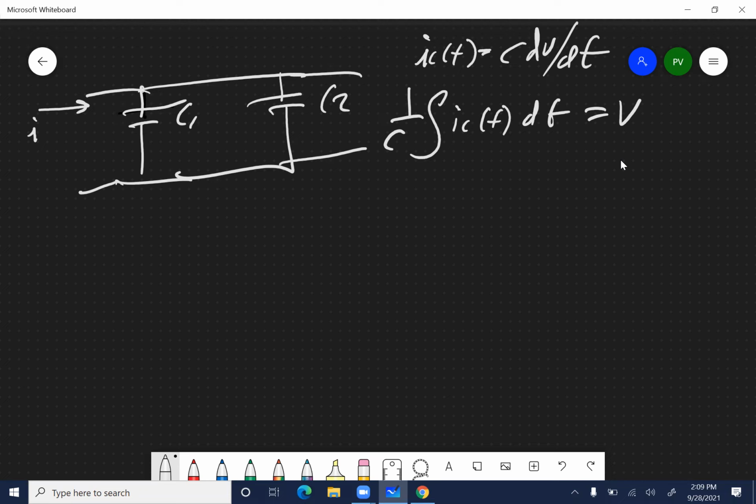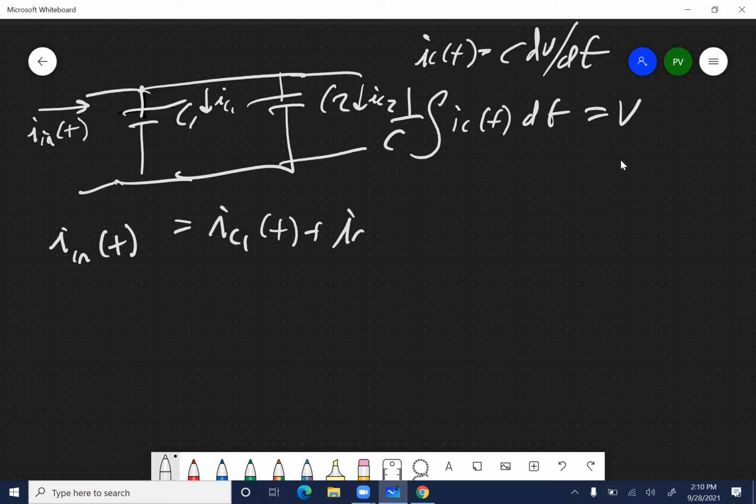So we'll call this I in. And then we're just going to use these two circuits. So we're doing the Thevenin equivalent, if you will, of just those two. So we have IC1 and we have IC2. So I in of t by KCL is equal to IC1 of t plus IC2 of t. Right? Those three are equal to each other.